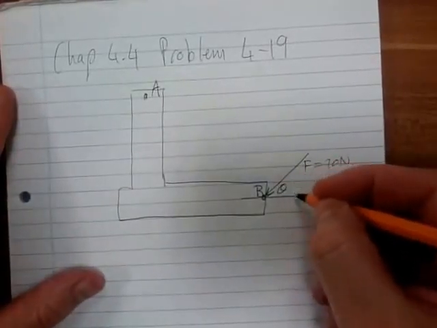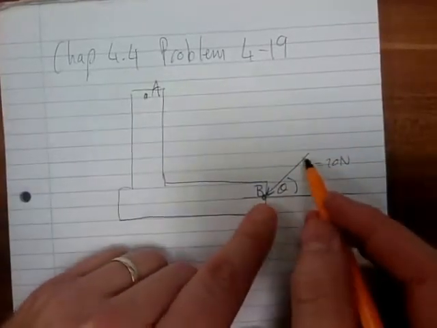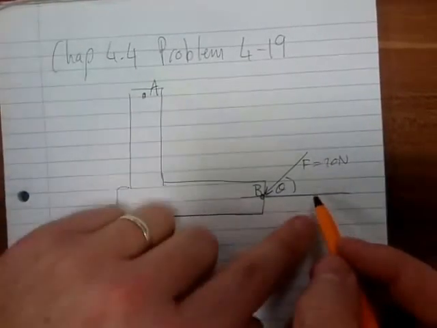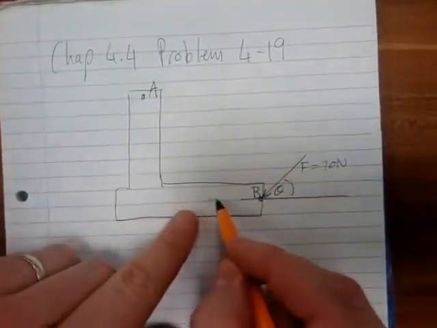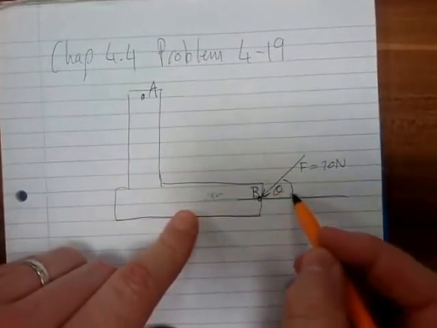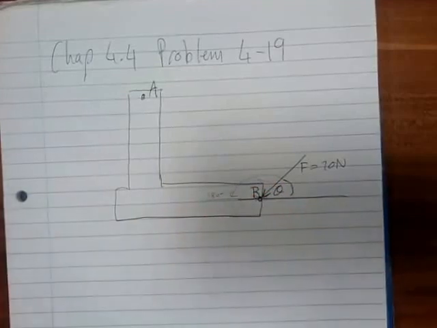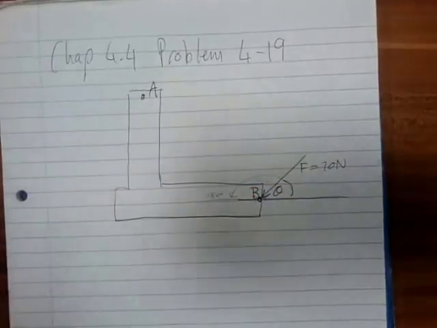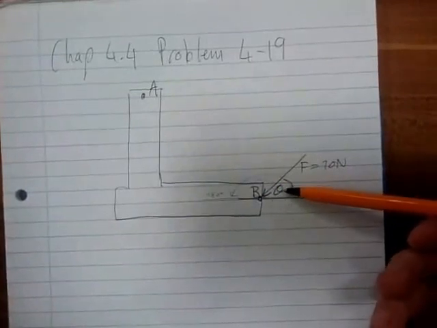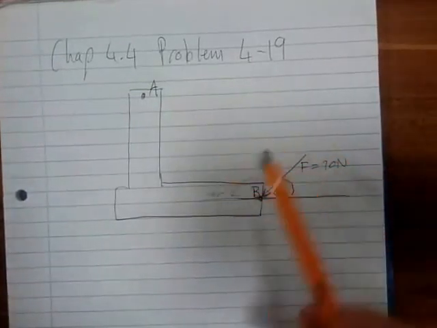And we've got this angle here, theta, and obviously if the force is being applied there, our angle is 0, and if it's being applied like that, it's 180. The angle increases like that. So this force can be applied at between theta equals 0 and theta equals 180.